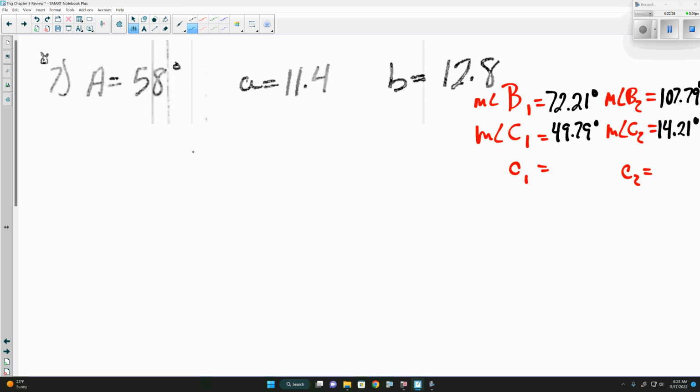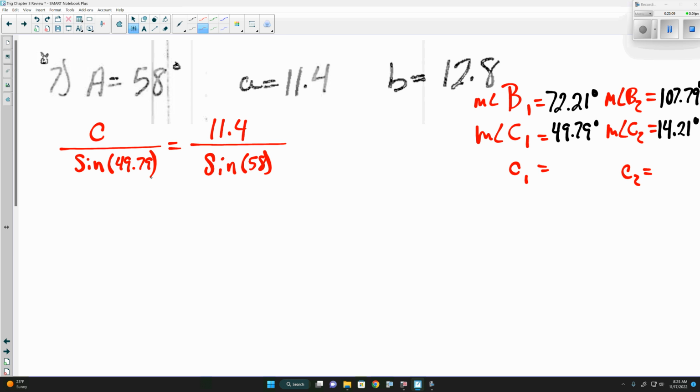For the most part, we did one actual calculation. The rest has been just addition and subtraction. Now to find C, the fraction I picked is A, whichever two they give us that are going to be the same for both. So I'm going to pick 11.4 over sine of 58, and this is going to be C over sine of 49.79, and that's for C1.